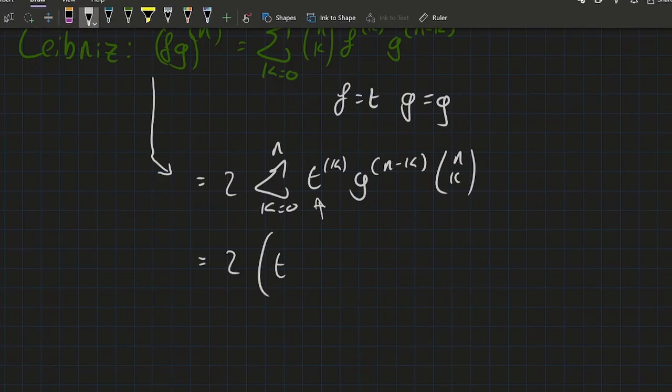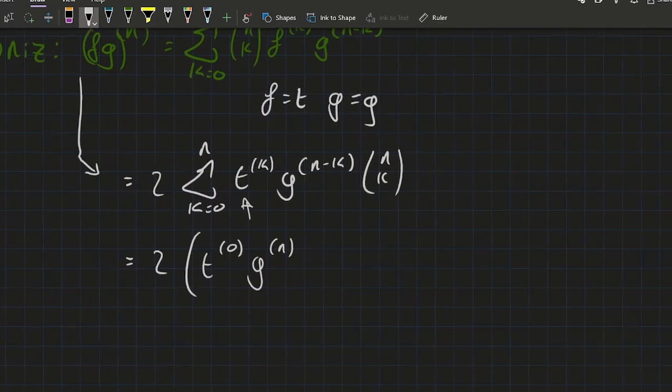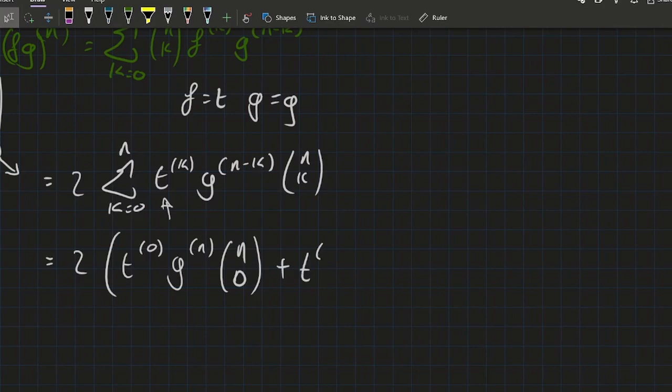So the first term is going to be the 0th derivative of t multiplied by the nth derivative of g multiplied by the binomial coefficient n choose 0, and the second term will be the first derivative of t times the n minus 1th derivative of g, with the n choose 1 binomial coefficient.